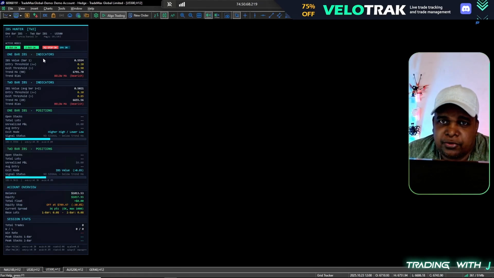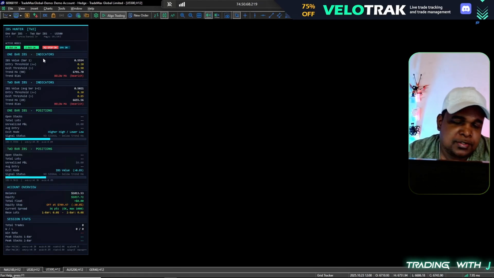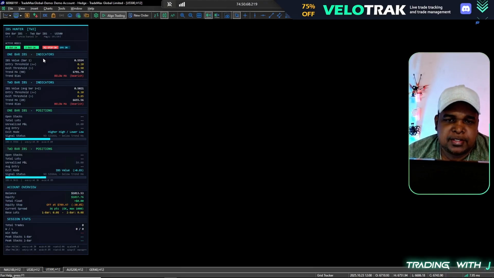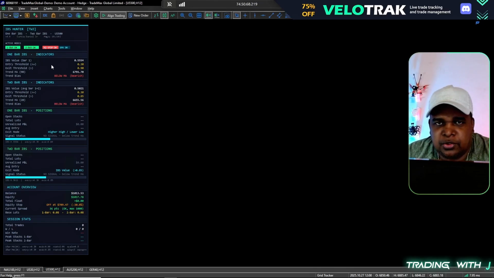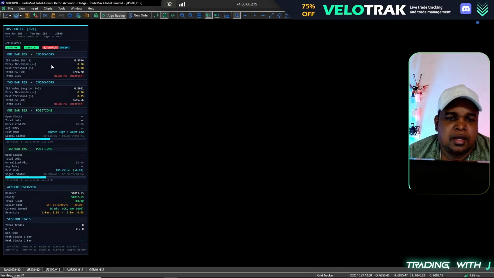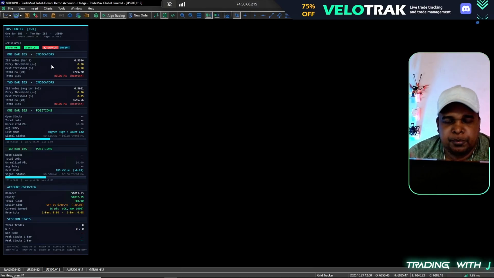So for this algorithm, it actually trades two strategies, which is the 1 bar and the 2 bar IBS, and then you could see we basically get the stats right here showing what the IBS value for each one of the bars is, also what the thresholds for entering and exiting trades would be for both of the strategies, and it also gives a brief description of if the market is bearish or bullish.